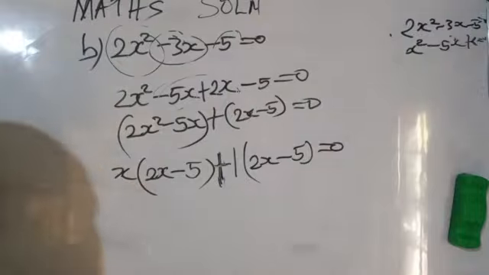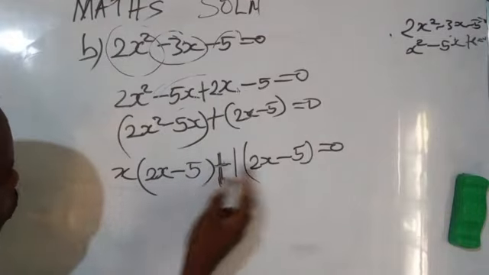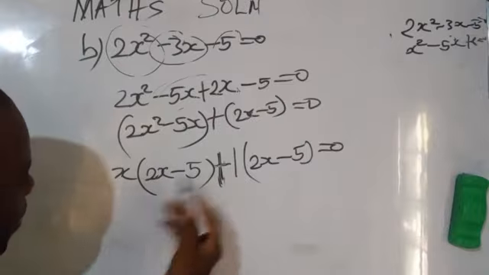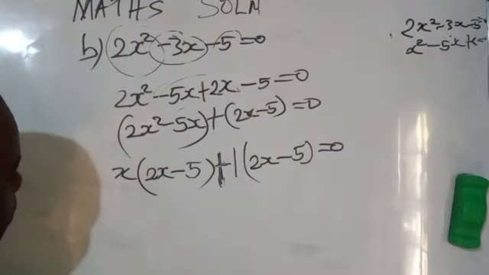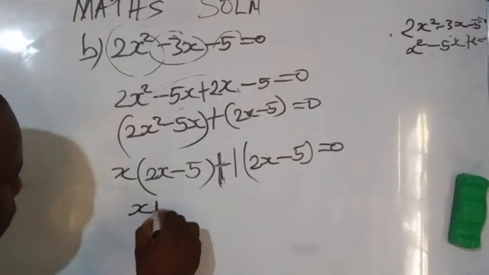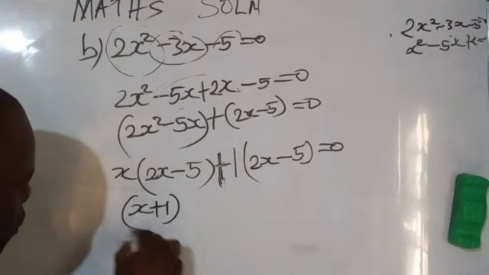Good. Now we have 2 common brackets, and we have 2 entities outside the bracket, which is x and plus 1. So you pick the ones outside the bracket, x plus 1. Good.